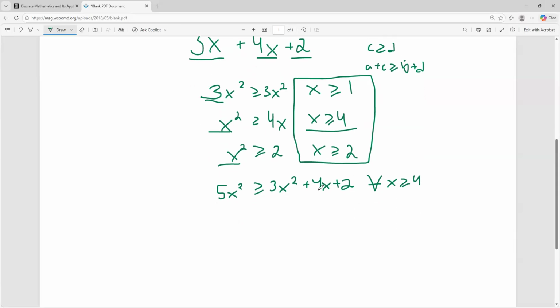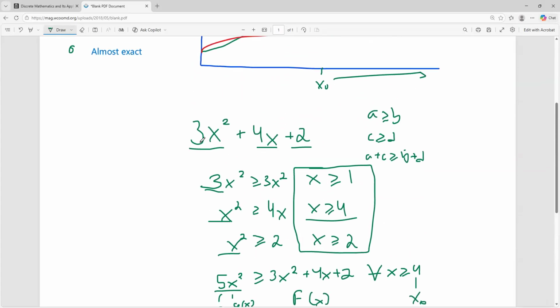So what do we see? We now have 5x squared. This is our f of x. So our g of x is going to be x squared, and our c is going to be 5. And our x0 is going to be, I'm sorry, I'm pointing the wrong thing, x0 will be 4. Okay.